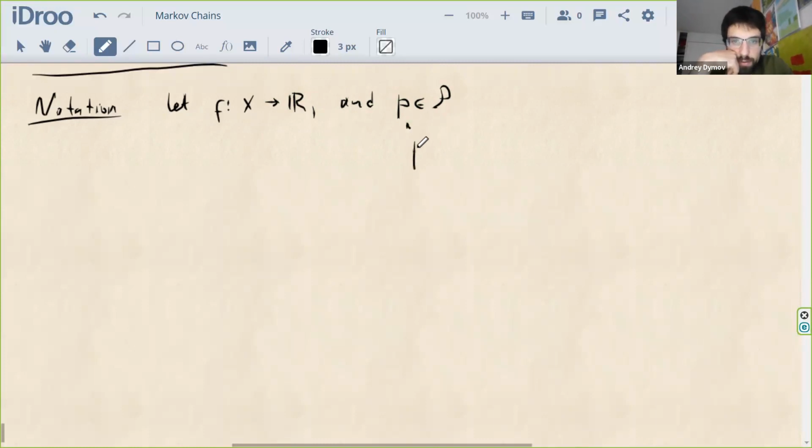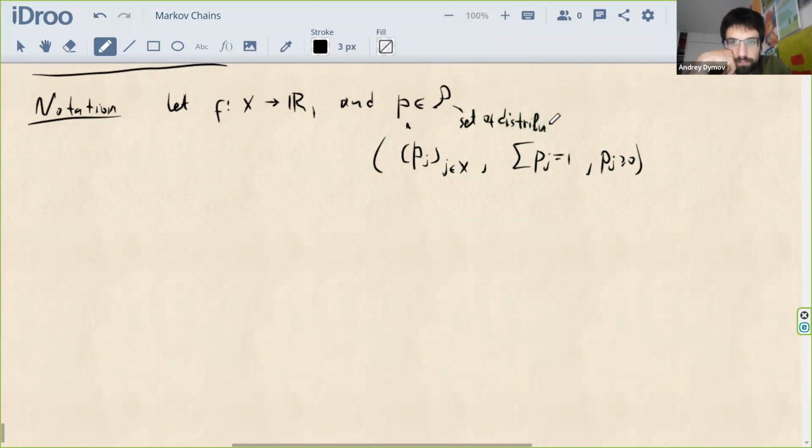So this is the vector Pj, j from x. The sum of Pj equals 1, and all Pj are non-negative. This is the set of all distributions. I've used this notation before.